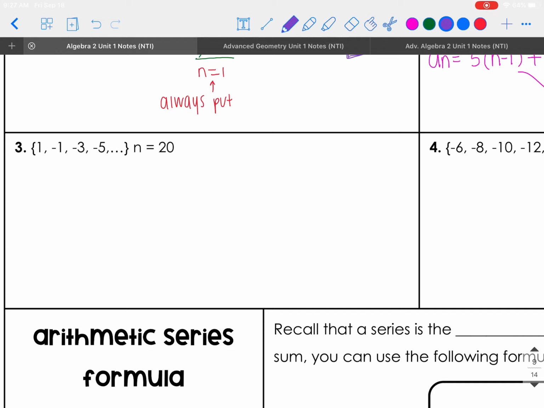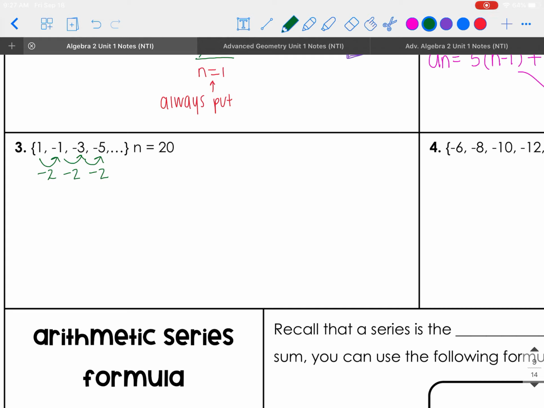So for number 3, the sequence is 1, -1, -3, -5, -7, -9. And it is arithmetic because I am subtracting 2 every time.